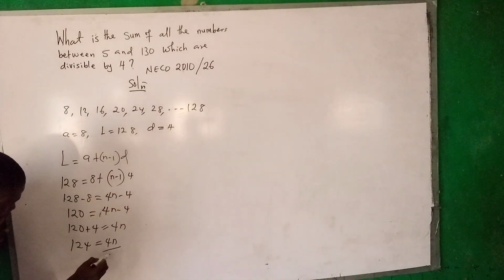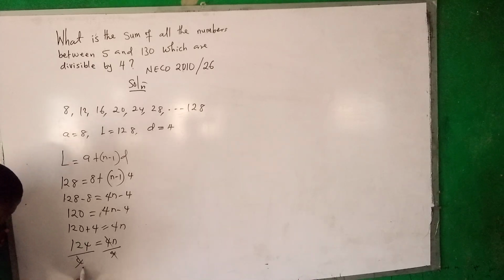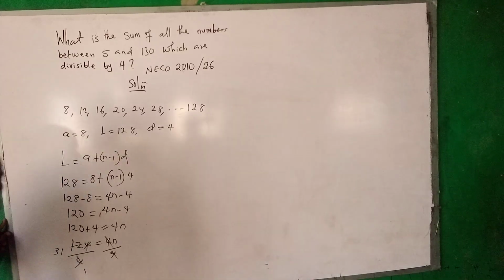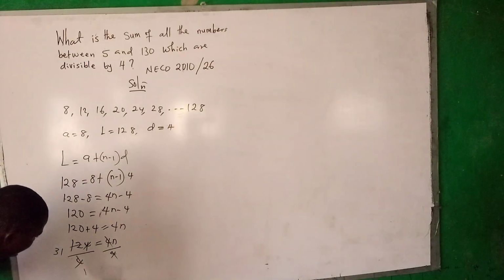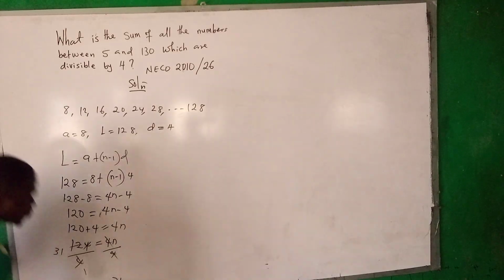Now let's divide both sides by 4. The 4s cancel on the right, and 124 divided by 4 is 31. So n, the number of terms, becomes 31.